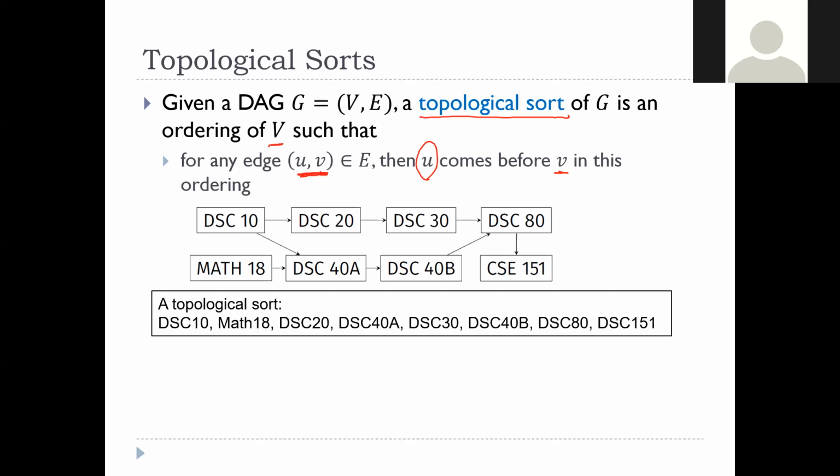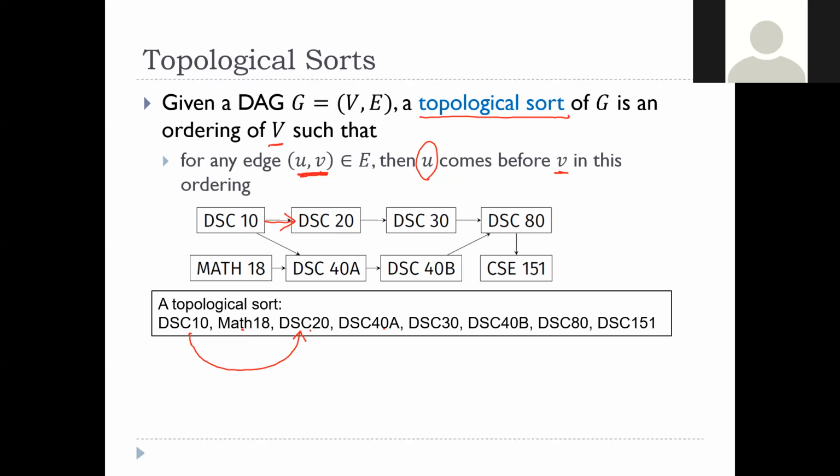So as an example, here is a valid topological sort for this graph. You can verify. This is a linear order, and for every edge, say I have an edge going from DSC 10 to DSC 20, the starting point always comes earlier in this ordering. In other words, if I direct this edge in this linear order, I always direct forward.